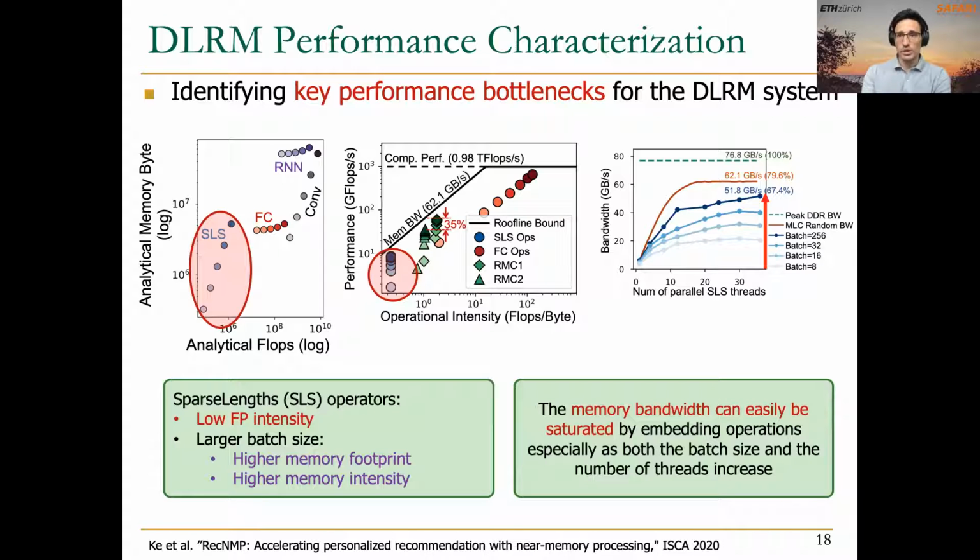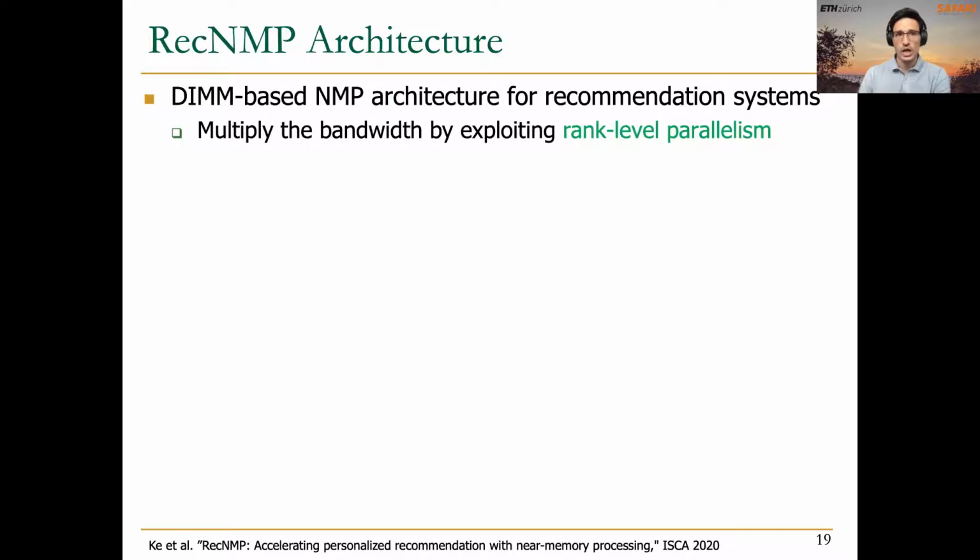There have been several recent and interesting works proposing near memory processing architectures for this type of recommendation systems and this type of operators, some of them based on DIMM-based architectures with the idea of exploiting rank-level parallelism.